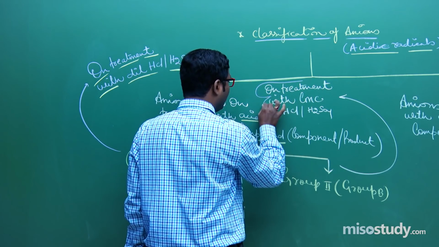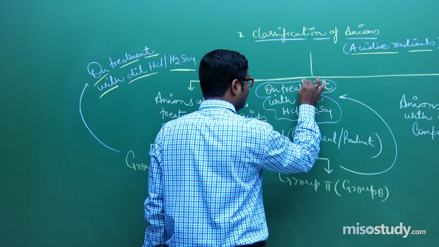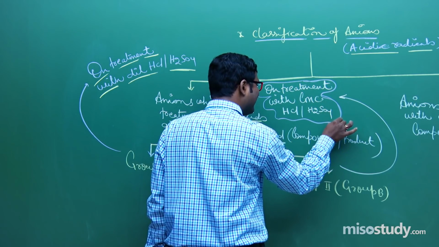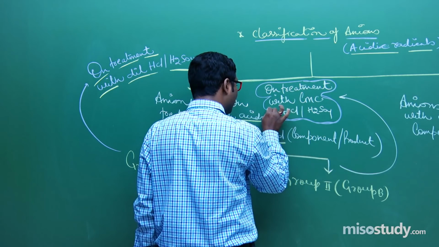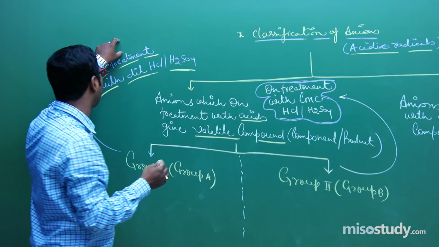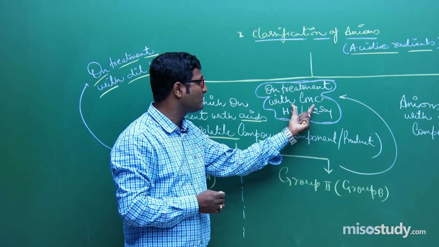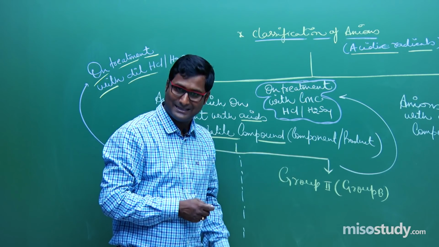Now in the first case we have to treat the salt with dilute HCl, because we get anions from the salt. So which anions are positive for dilute acid and which anions are positive for concentrated HCl?